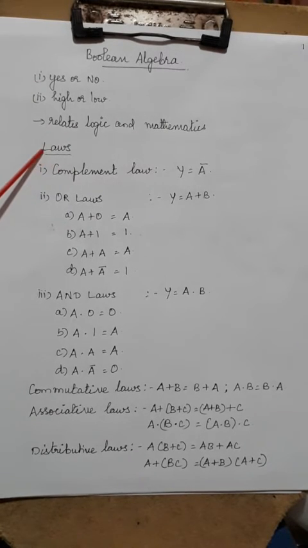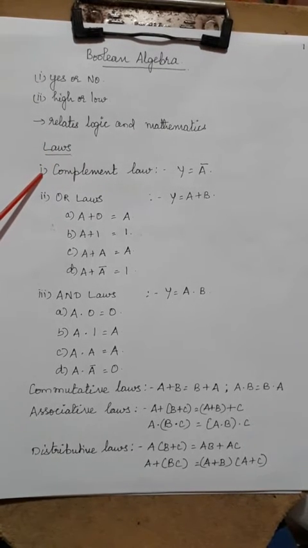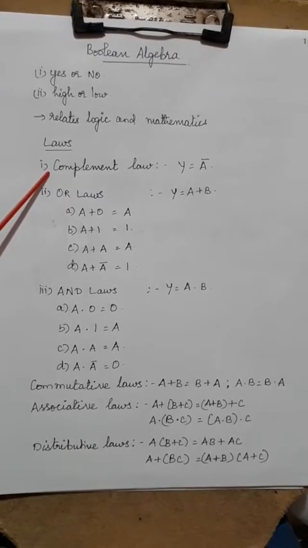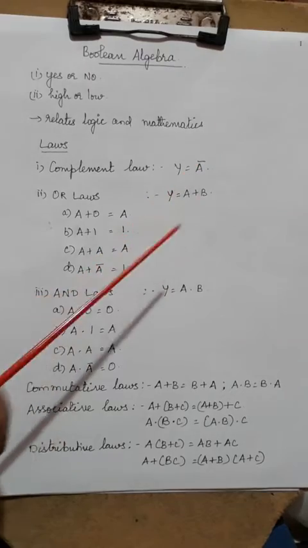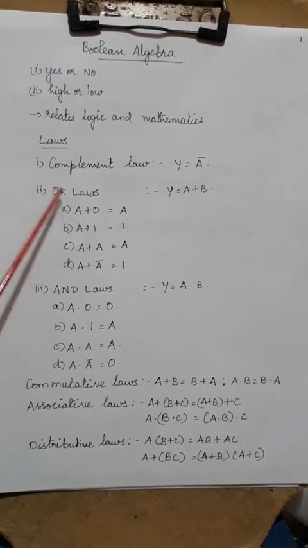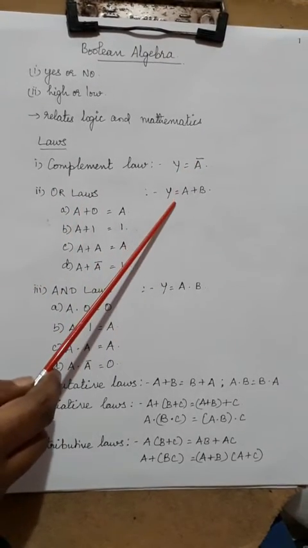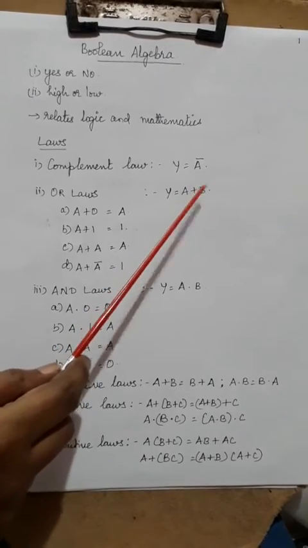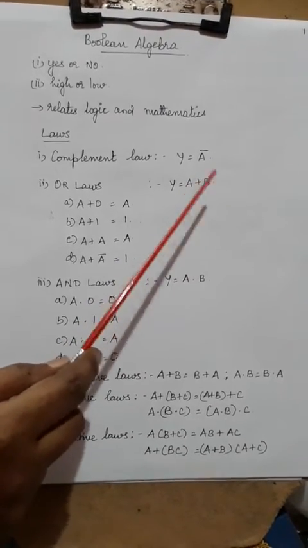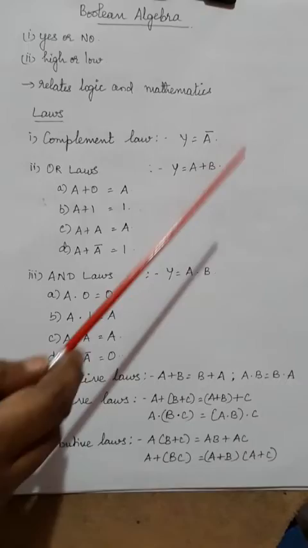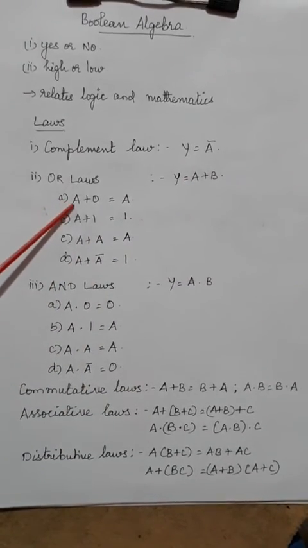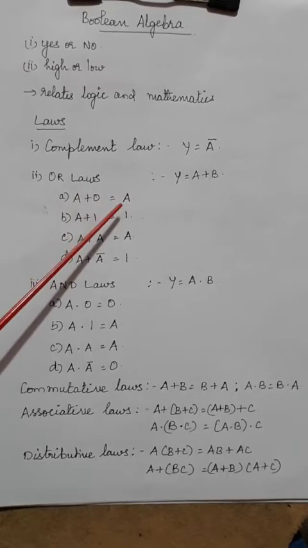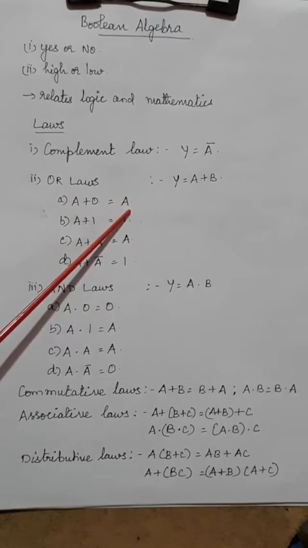So what are the certain laws? First one is the complement law. Already whatever we have studied, NOT gate, complement: y is equal to a complement. Then OR laws. OR is y is equal to a plus b, this is the operator, so a or b. Using that, when I give input a plus 0, it gives me an output of a.